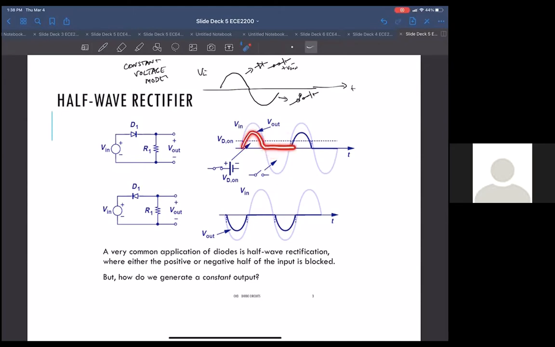So the DC value of this is going to be some sort of RMS value around that. Okay, so that's our half wave rectifier. And just by the way, if you flip the direction of the diode, so the cathode is pointing this way, then you're letting the negative part of your Vin go through, okay, and blocking the positive side.